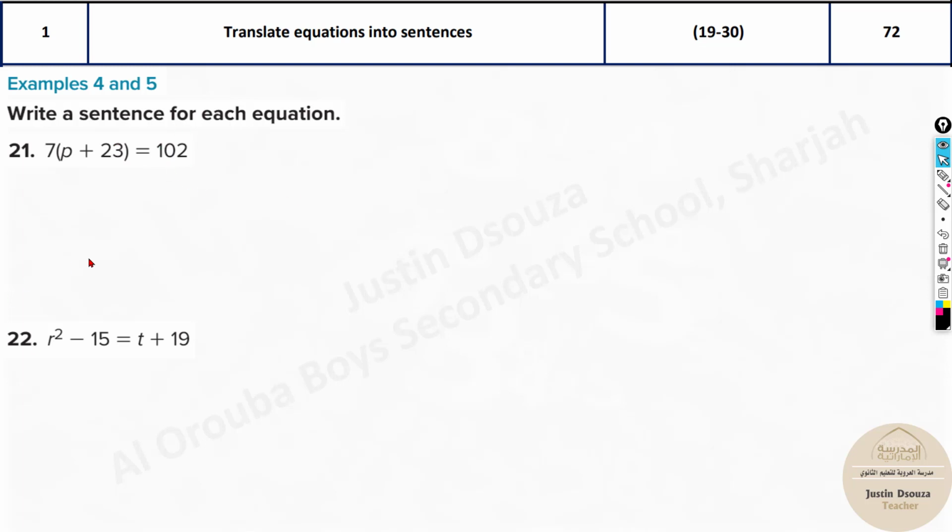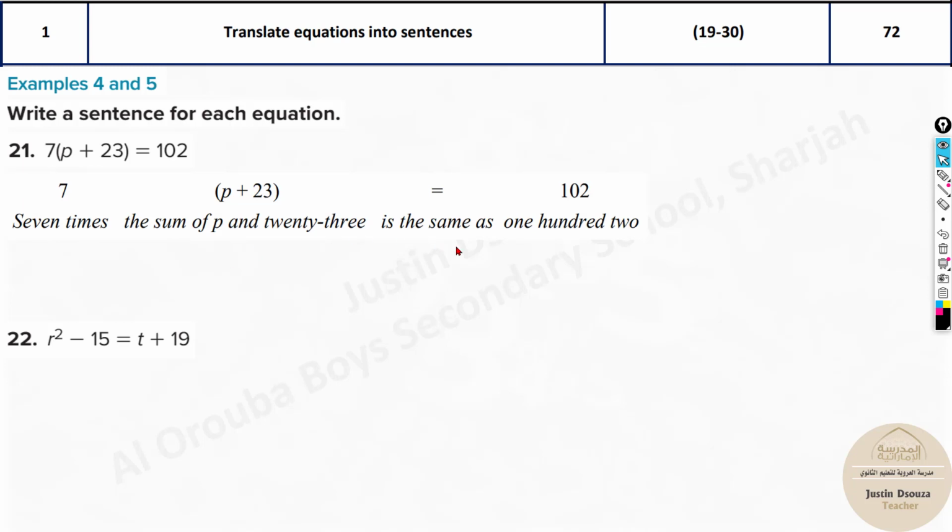Let's just check. Over here there is no quantity, but it's fine. They have just said 7 times the sum of P plus 23 is the same as 102.